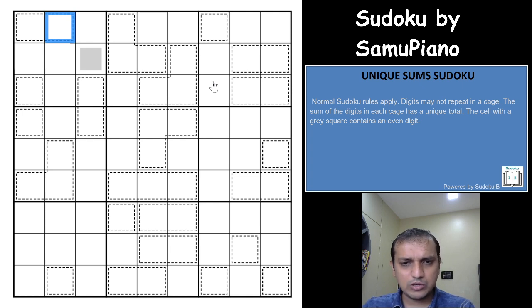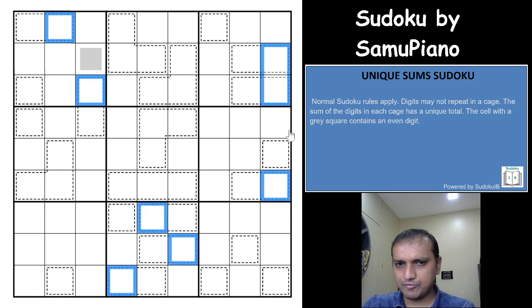We know that 1 to 9 is already filled. The maximum total we can get for a 2 cell cage is 17. So let us assume we have a 10 here, 11 here, 12, 13, 14, 15, 16, 17. Of course, amazing. This is nice. Which means 10 to 17 are also used by the 2 cell cages.